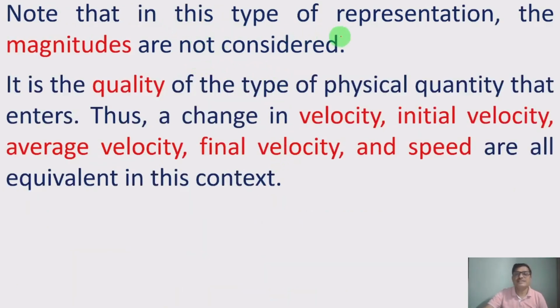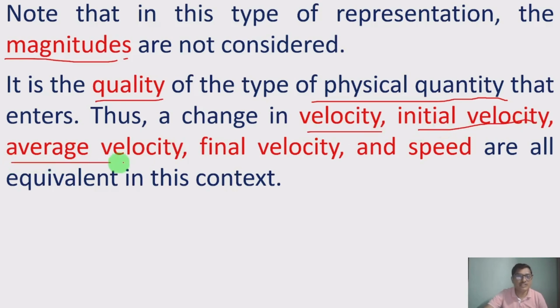Note that in this type of representation, the magnitude is not considered. Only dimensions are considered. It is the quality of the type of physical quantity, such as length, mass, volume. Thus, change in velocity, initial velocity, average velocity, final velocity, and speed are all equivalent in this context because all are represented as displacement per unit time.